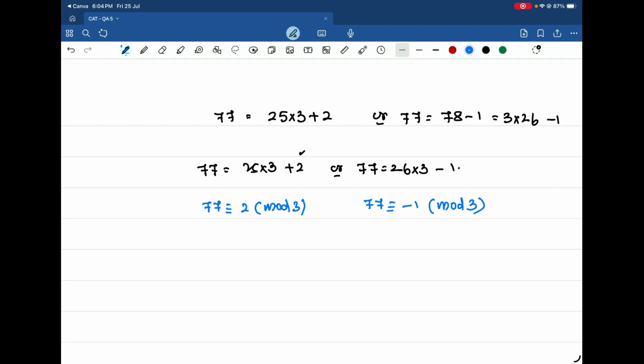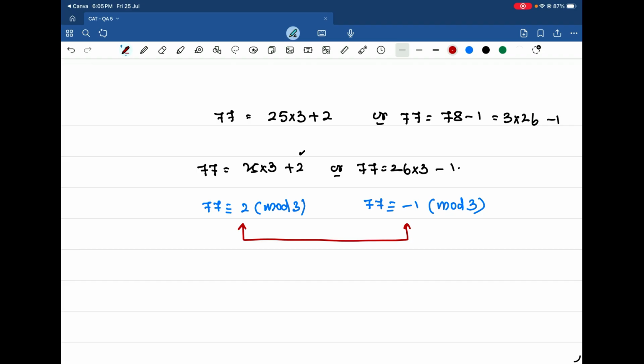Do you agree? That means when 1 is added to 77, then 78 is totally divisible by 3. Either way, both are the same. Both give the result of 77 only.